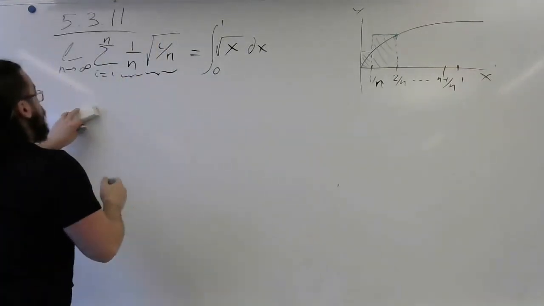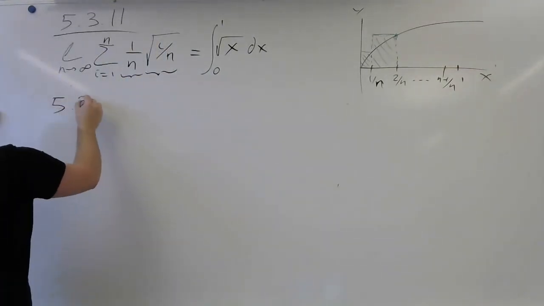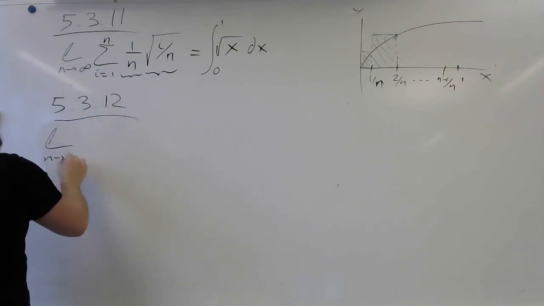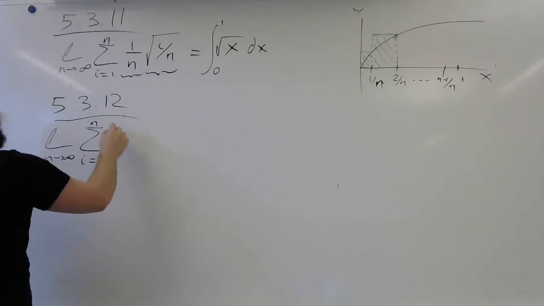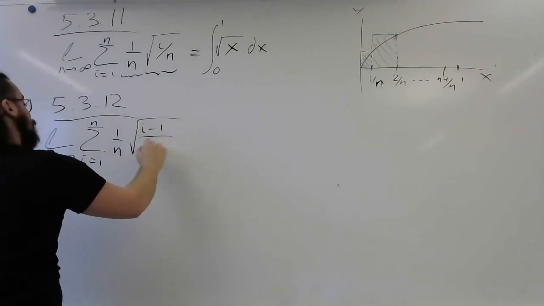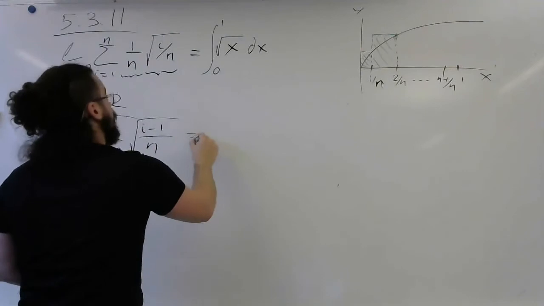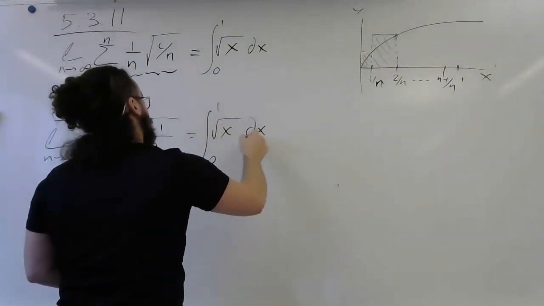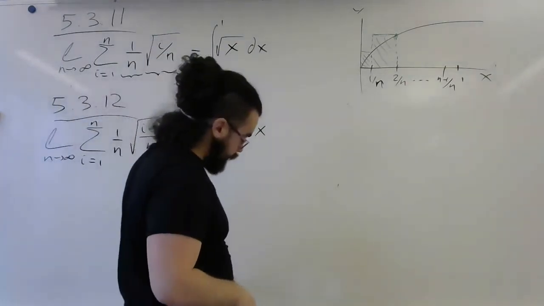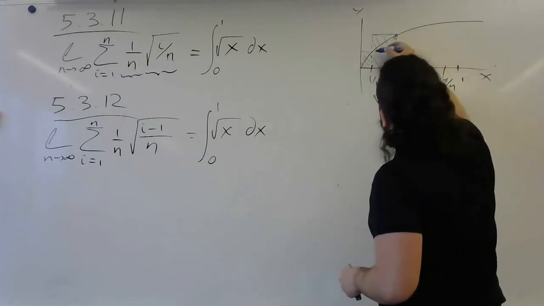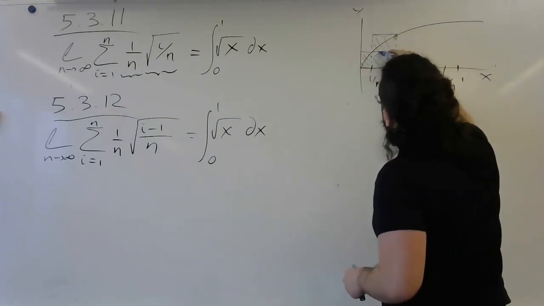Funny enough, if we do number 12, number 12 is actually the same. But instead of considering the upper Riemann sums, it's considering the lower Riemann sums, this thing over here.